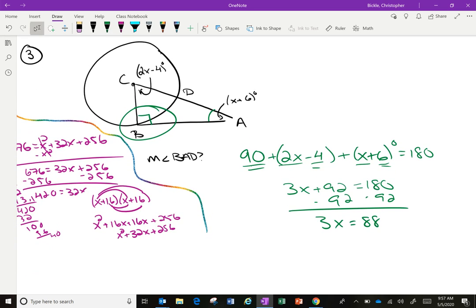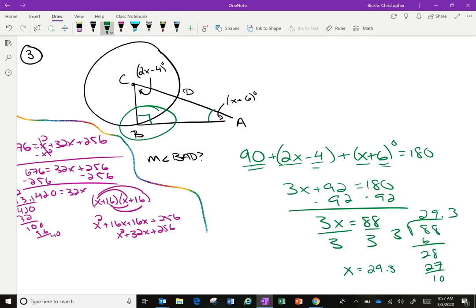No, that won't be a whole number. I wonder if I wrote some of these down wrong earlier. That's no big deal. Decimals are okay. So divide both sides by 3. And you guys are going to go ahead and get, let's see, 29.3 repeating. So we found out that x was 29.3 repeating.